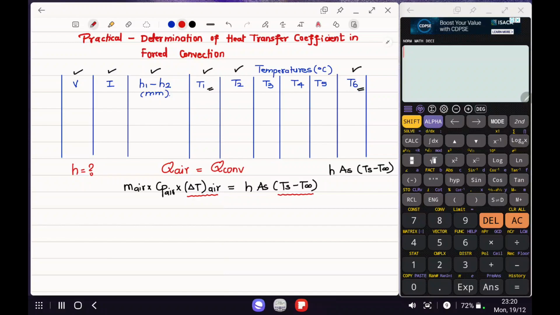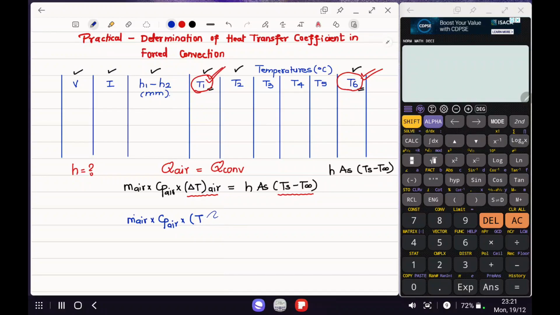If I write this delta T, notice that this will be m of air as it is, Cp of air, and delta T for air only. So delta T of air means exit temperature of air minus entry temperature of air, whatever is the temperature difference created for air only.